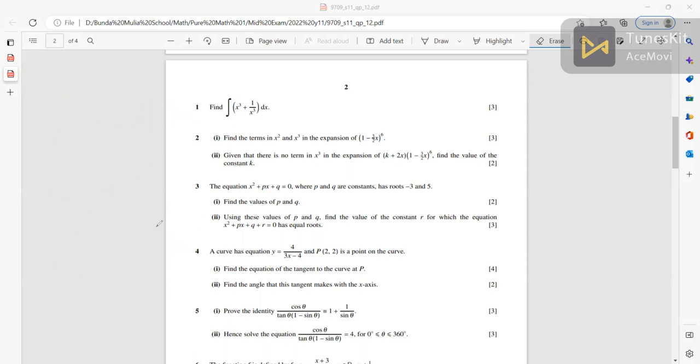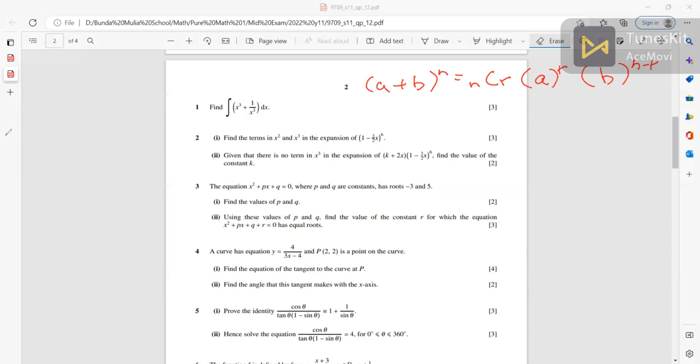For number 2, find the terms in x squared and x cubed in the expansion of (1 minus 3 over 2x) to the power 6. We remember again the formula of the binomial expansion: (a plus b) to the power n equals nCr a to the power r times b to the power n minus r.